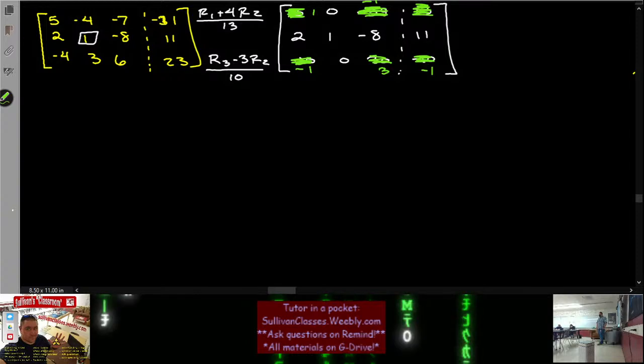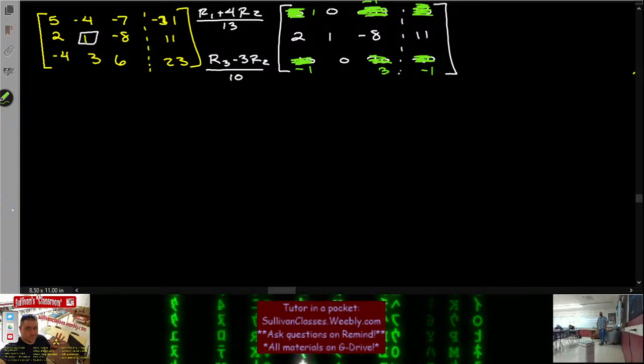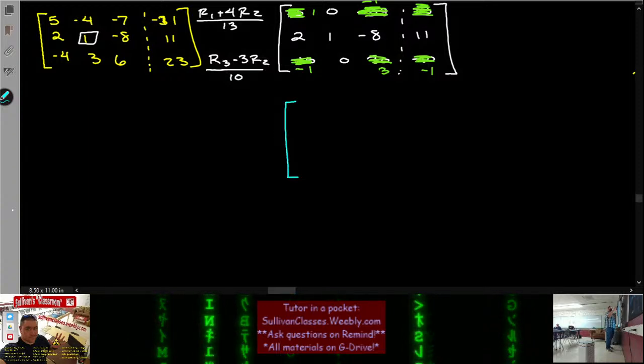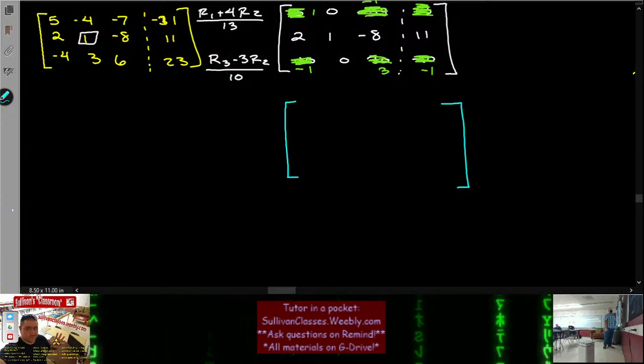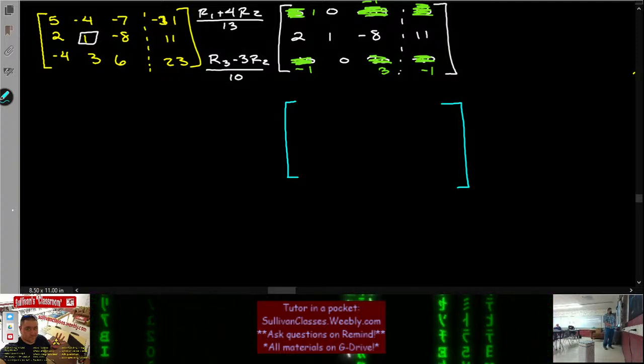What's going to happen right now if I smash together rows 1 and 2? From here, if I now say, oh, negative 3.